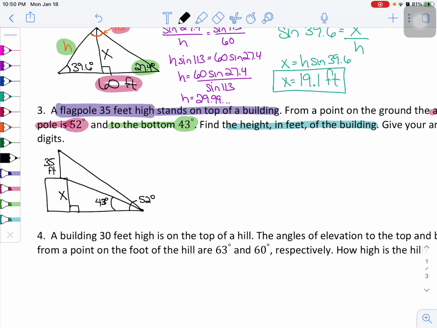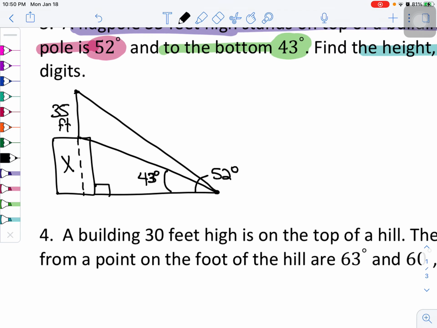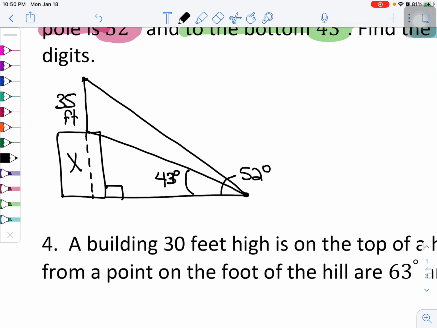So we want to know x. How tall is that building? First thing I'm going to do is go through and mark a bunch of the angles out. Now I'm going to slide x over just a bit, because basically what I'm going to do is put a little dotted line here.